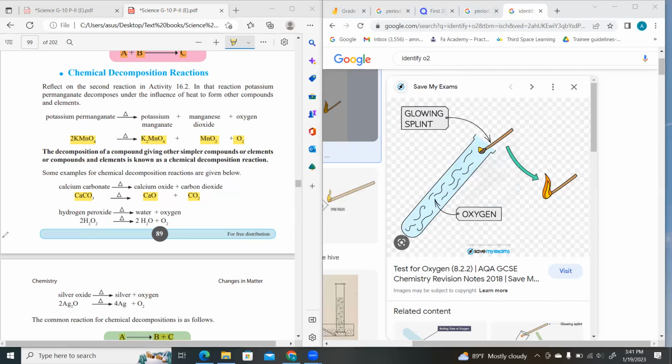When you go to the lab, you can see. But why do they store it in an amber color bottle? Because of its reactivity. It is very reactive with oxygen and sunlight. So because of that, they have used the brown color bottle.